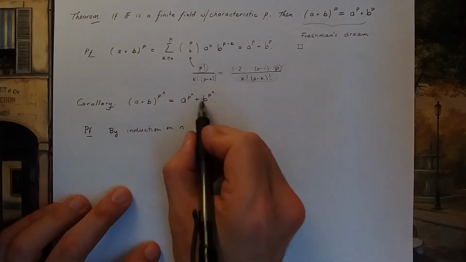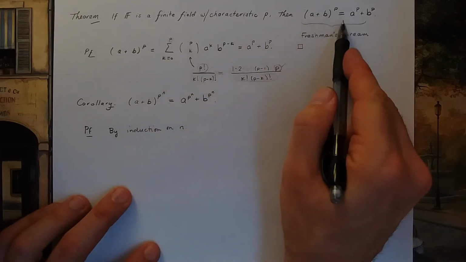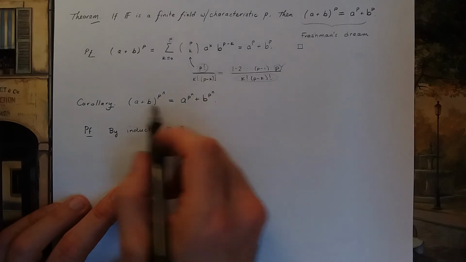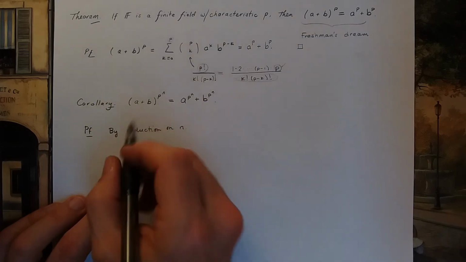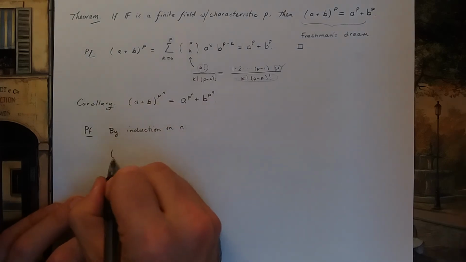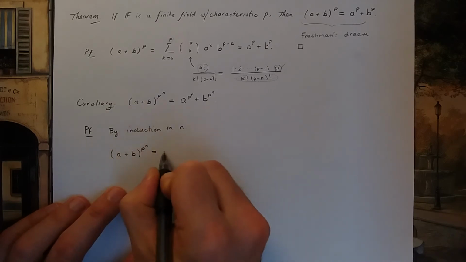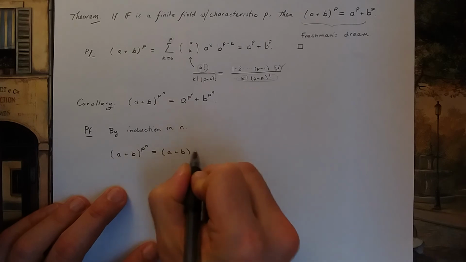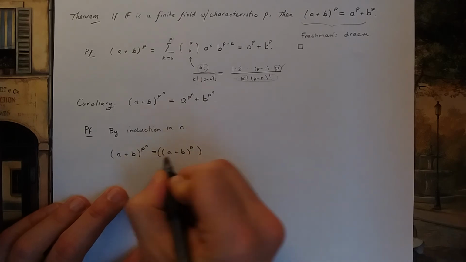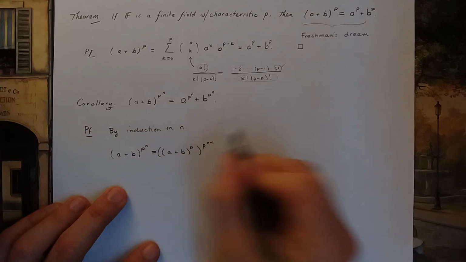The case n equals 1 is the freshman's dream, so this statement is true when n is 1. Now, we have (a + b)^(p^n). That's the same as (a + b)^p raised to the p^(n-1) power.